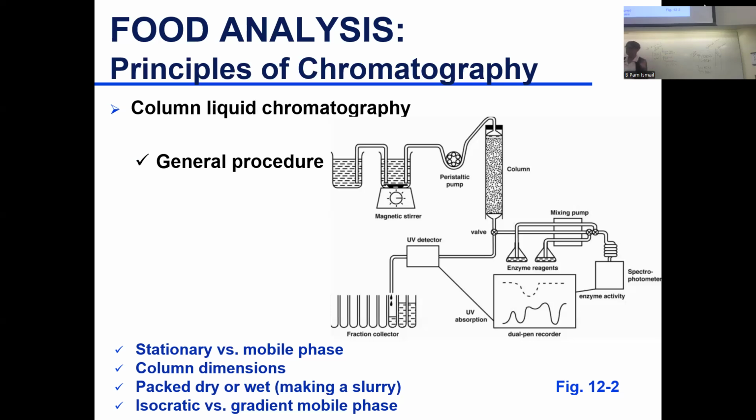So it's not always in one direction. The whole purpose of having a gradient elution is to make that mobile phase stronger for the components you have interest in separating. That's what it means when we say increasing the strength of the mobile phase. It doesn't mean increase the organic solvent.